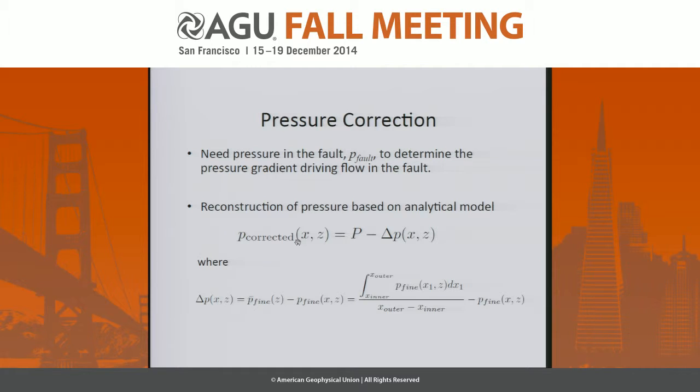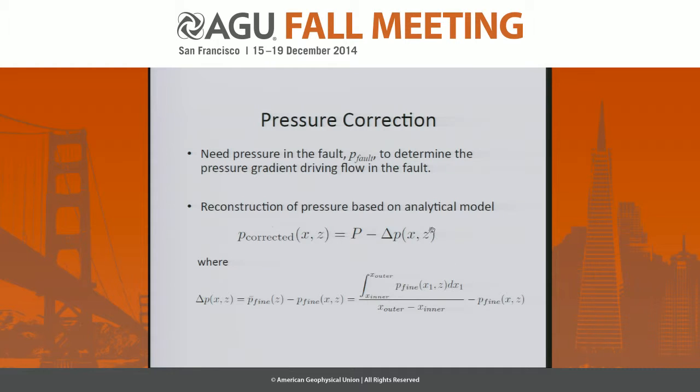So this is the approach to determine the corrected pressure. So again, we need the pressure in the fault to determine the pressure gradient driving flow in the fault. I showed you a schematic for pressure at the fault in terms and how it relates to vertical flow through the fault, but this correction is also important when you're thinking about horizontal parallel flow within the fault as well.